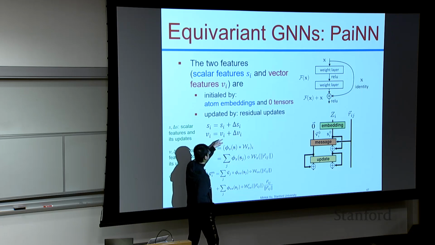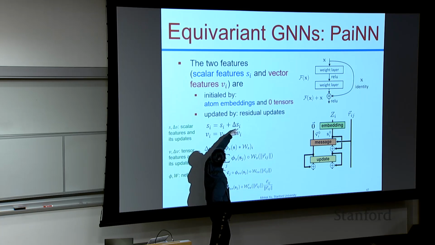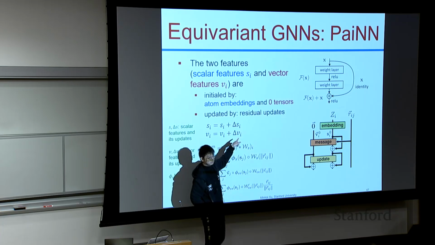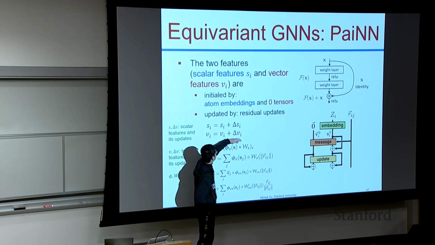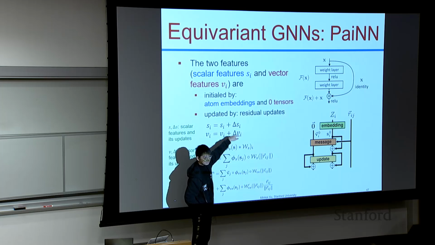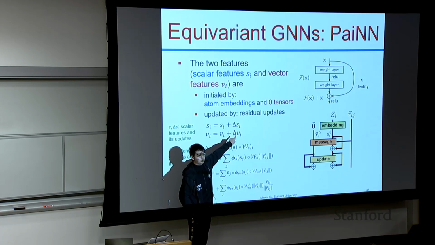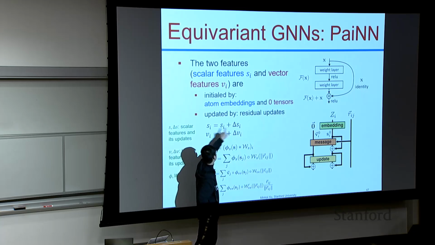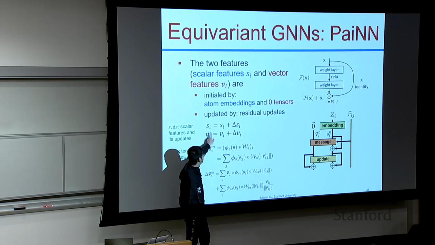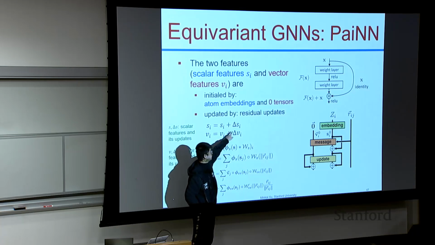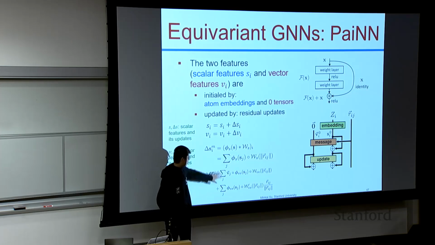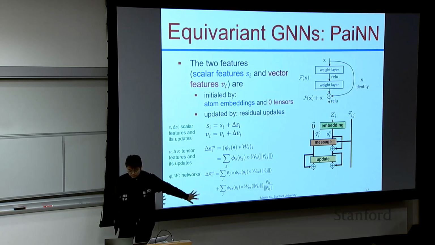In every layer, we learn updates of both S and V, both the invariant feature and the equivariant feature, and these are used to update them in a ResNet fashion, so just a plus. Now we are interested in how in each layer we update S and V, the node scalar embedding and the tensor embedding, by delta S and delta V. Here is the equation, but I will introduce more details later.